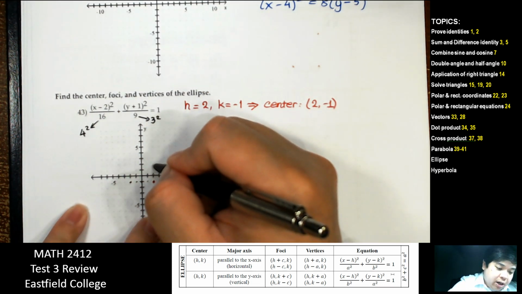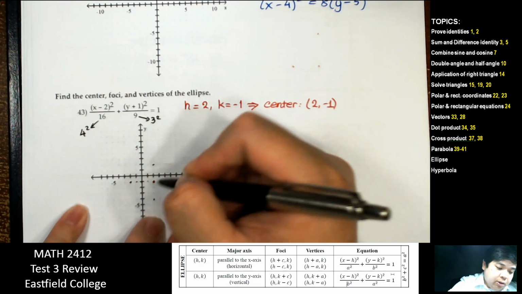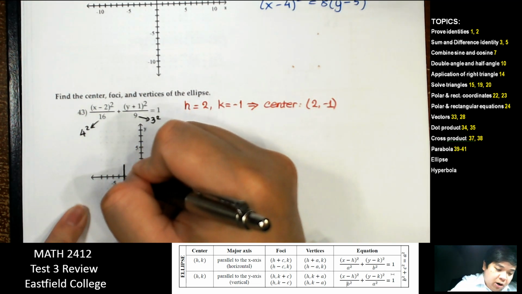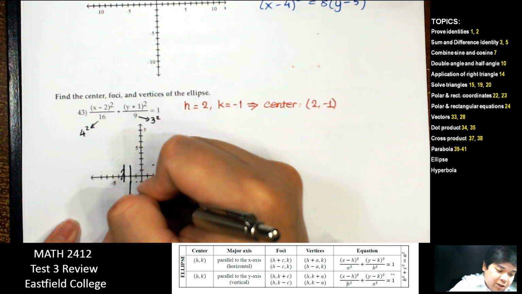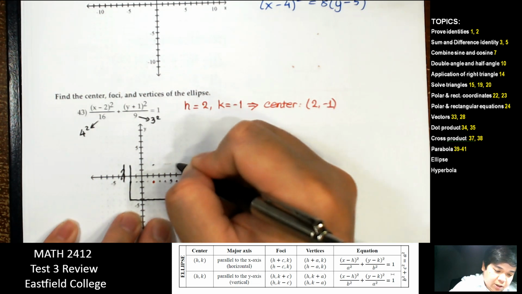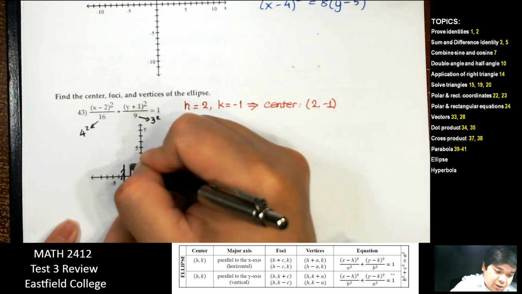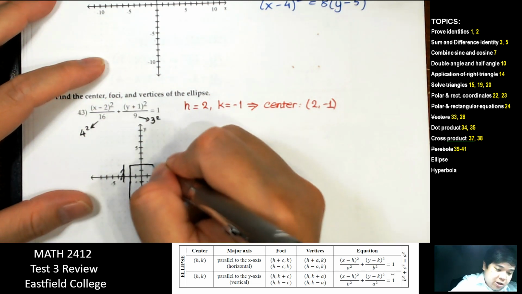Also 3 units up and 3 units down. So we draw a box like that, and the ellipse will fit inside that box.